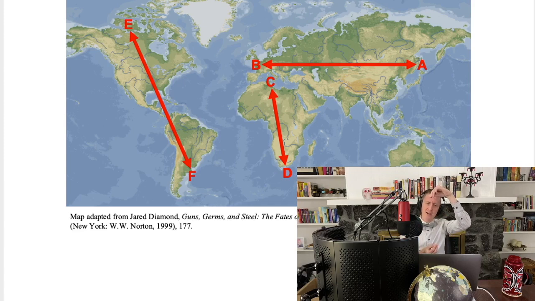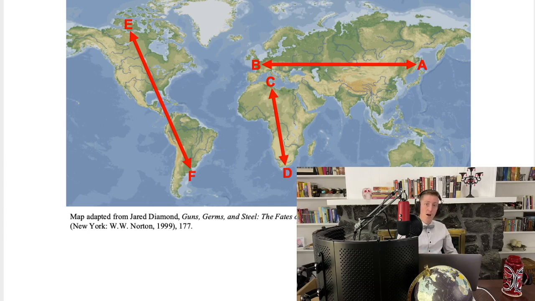Now, I know that it looks like we could also say it's east-west because of that top part in the north, but actually that's the Sahara Desert. Not a lot of people live there, so for the most part, Africa is a north-south alignment. And the one we're familiar with, line EF, would be the Americas, a very north-south aligned continent, although it does kind of spread a little bit east-west in places, but nowhere near as much as the north-south alignment.